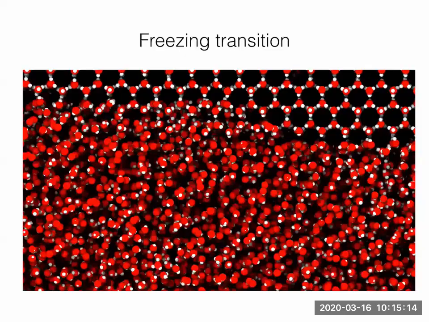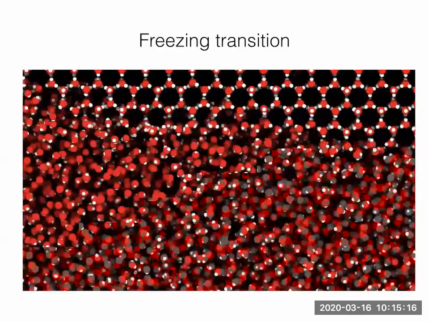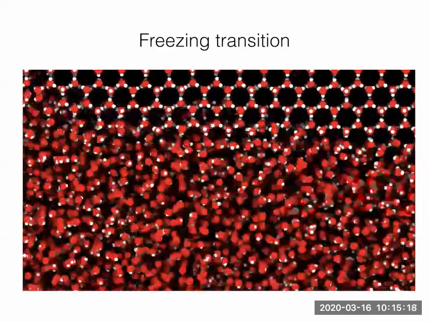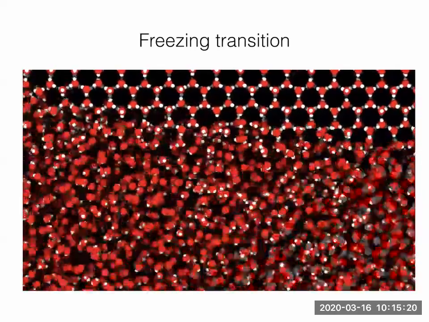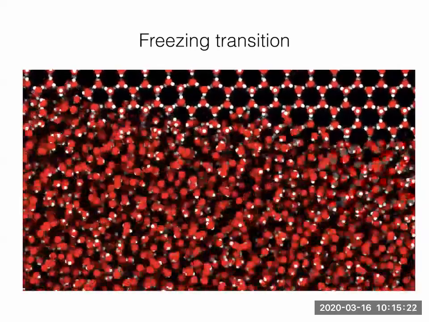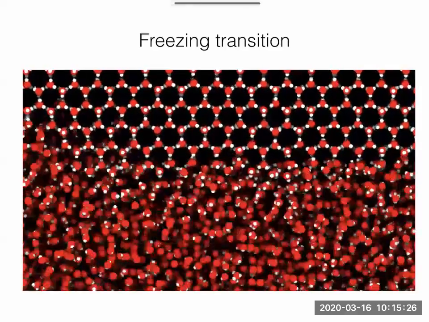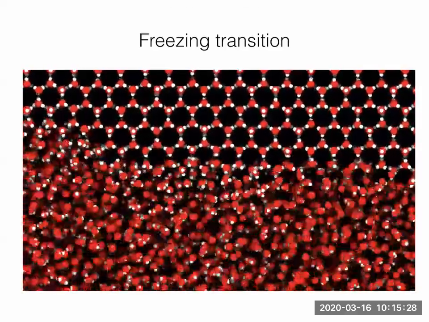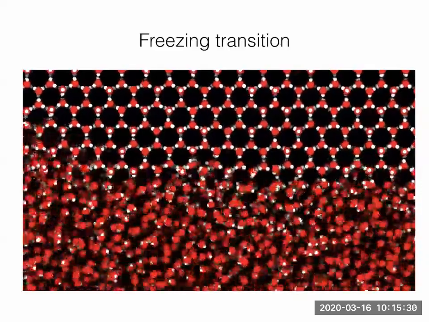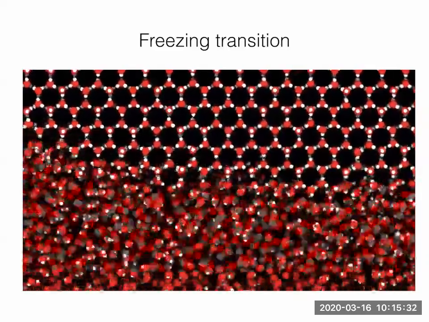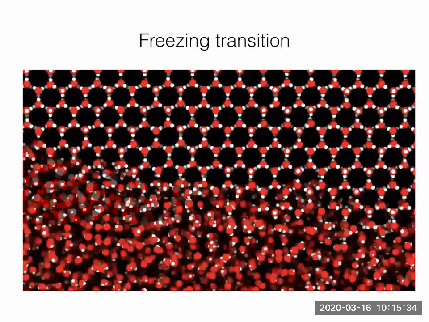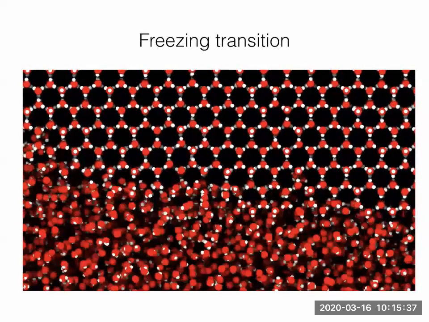Now, just for fun, we can actually play a little movie to see how ice grows. And what you notice is that molecules in the liquid can distribute themselves pretty much anywhere. There's a uniform density on average. Whereas in a crystal, there are very definite locations in space where particles are.